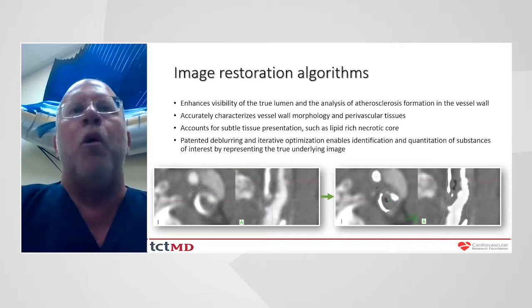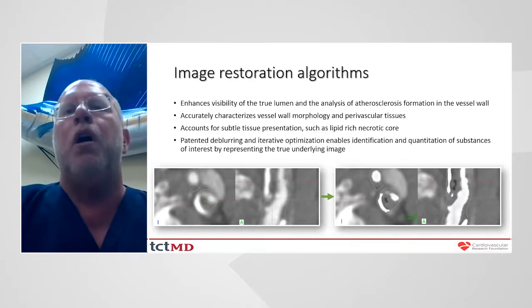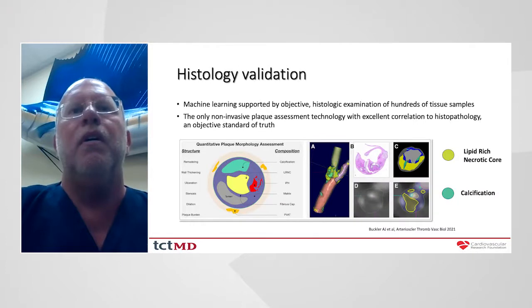The patented blurring algorithm and the iterative optimization enable identification and quantification of substances of interest by representing the true underlying image, which is the prerequisite for the subsequent image analysis and extraction of biomarkers. These are the different features that are evaluated on a histologically validated level.